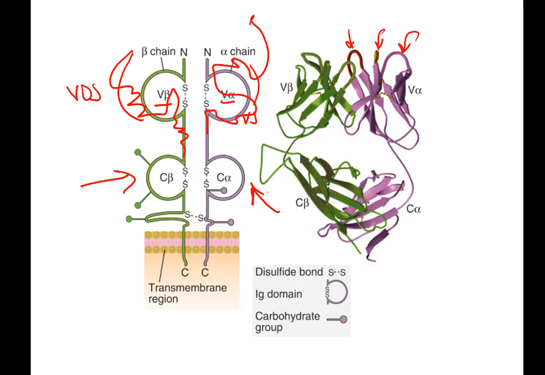Okay? The other thing that happens is one of the things that happens in positive and negative selection. When we talk about positive and negative selection for T cell receptors, when it goes through the thymus, up in the thymus, there's going to be a region. You just need to know that in positive selection, it's just going to recognize MHC class 1 and 2.